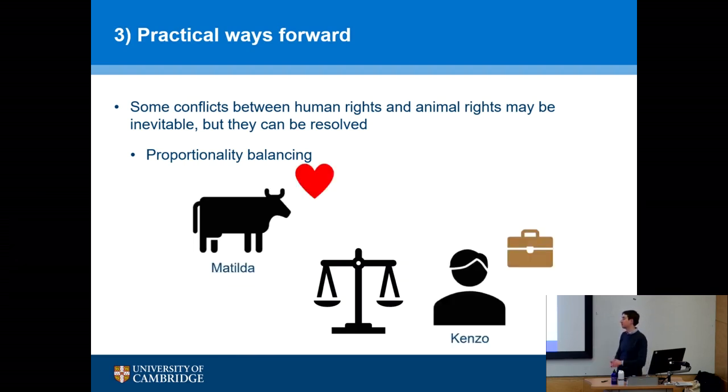Or perhaps the court will find that the cow's right to life is stronger than the countervailing right to economic freedom. Again, this is something courts do all the time in human rights adjudication. This is not a new problem, and therefore there's no reason to believe that there's some irresolvable conflict here that no one knows how to deal with. It's just a question of how these things are balanced.